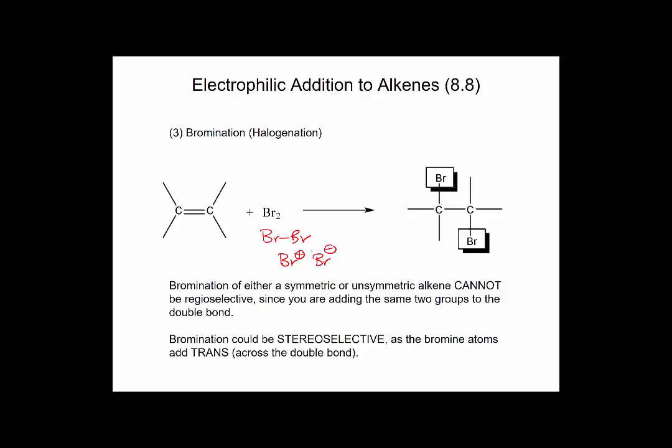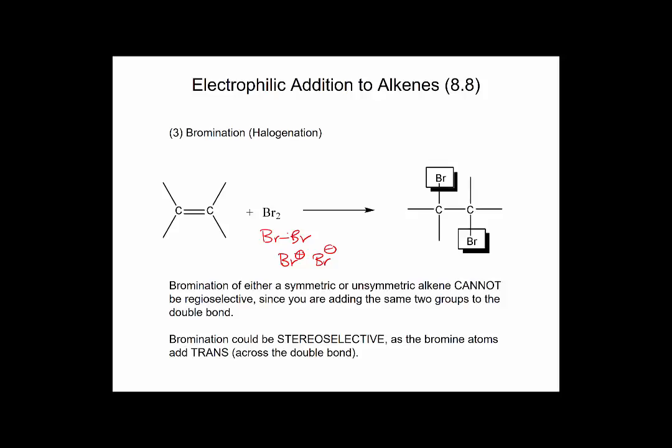You might say that's not going to happen because they have the same electronegativity. Yes, that's true. What happens is the double bond approaches the Br2, and the electrons from the double bond polarize one of the bromines to become slightly positive, and the other becomes slightly negative.